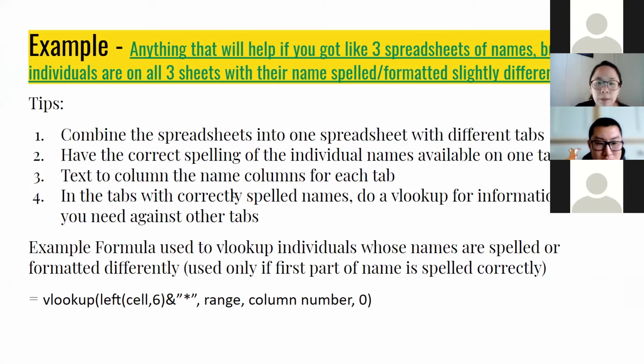Keep the correct spelling on one of the tabs with all the individuals' names, and use different formats like text to columns so that they all have the same formats in each of the tabs. And lastly, in the tab with the correctly spelled names, do a Vlookup for information from the other tabs. And this will be the formula that we'll be using. It's a Vlookup. You can Vlookup between different spreadsheets, by the way.